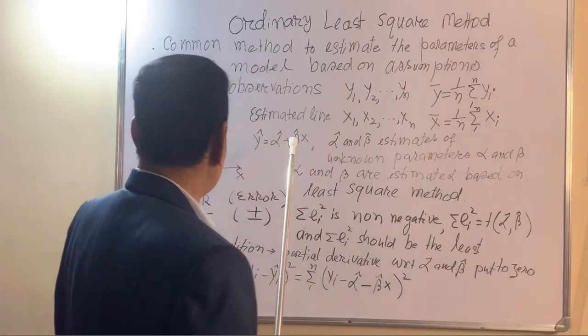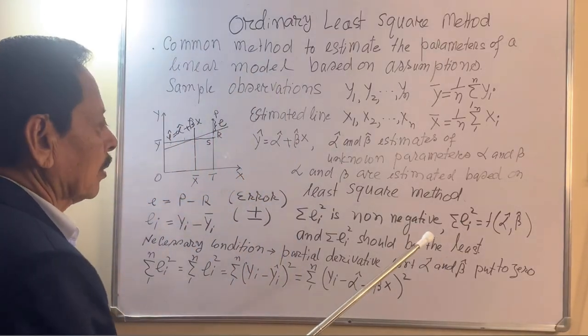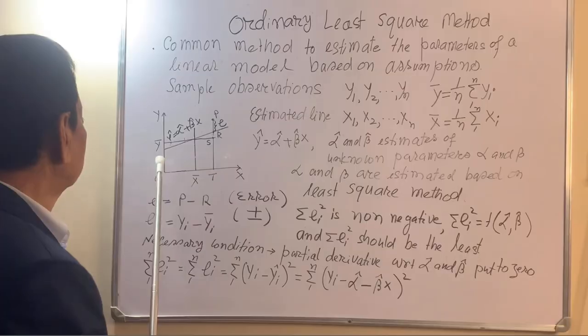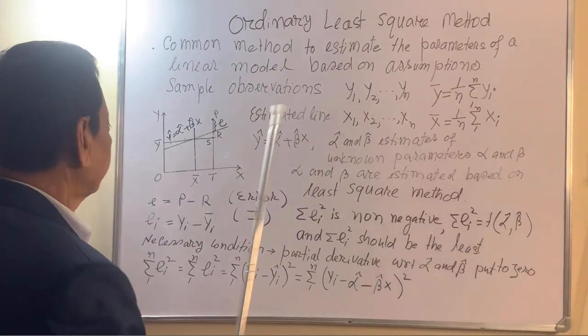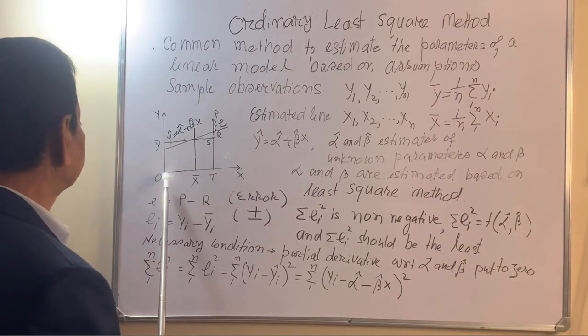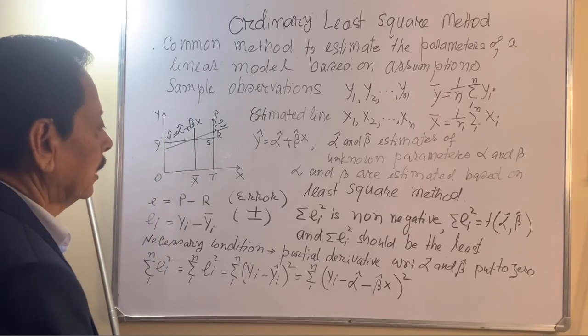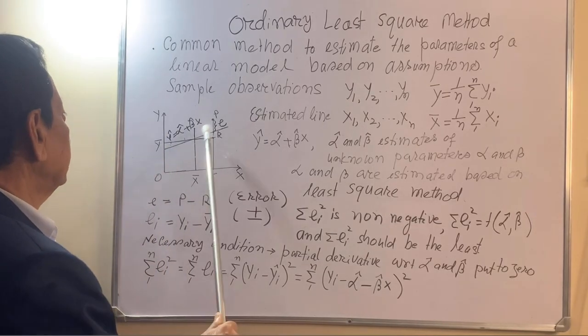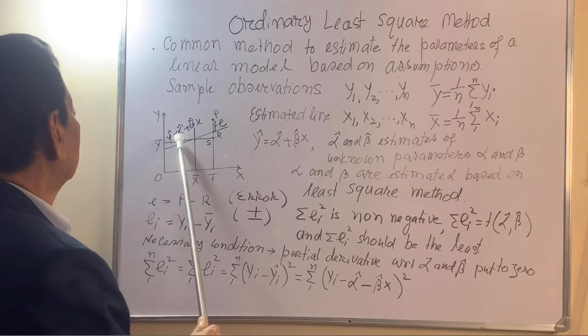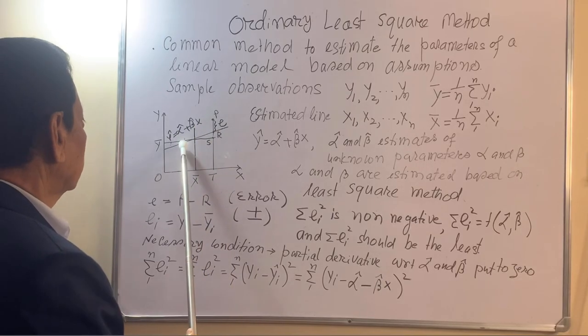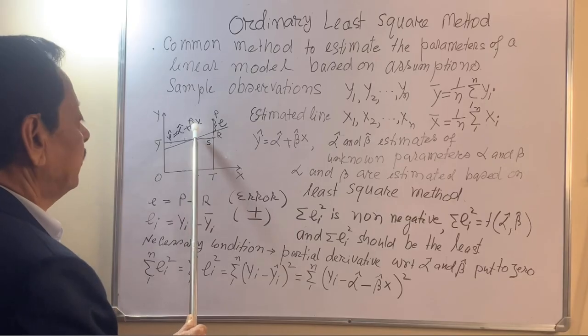Okay. Now, why is it so? What is alpha? Alpha is nothing but the intercept. So 0 to this point, it is called the intercept. And the gradient of the line, or slope of the line, is beta.